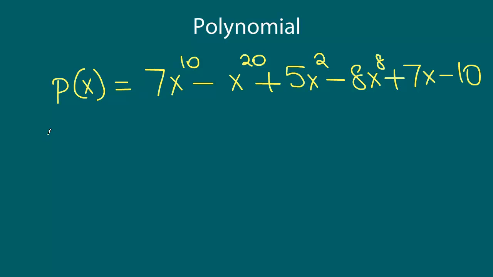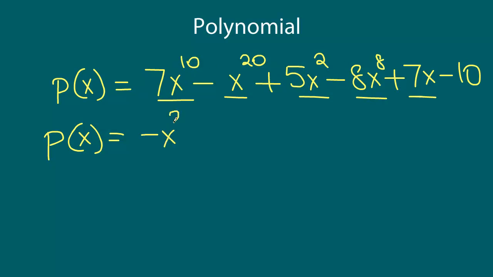So the right way, or the standard way to write this polynomial will be, so these are the terms that contain the variable, right? So here the highest power is 20. So we will write the first term as minus x to the power 20. Next is 10. So we write plus 7x to the power 10.